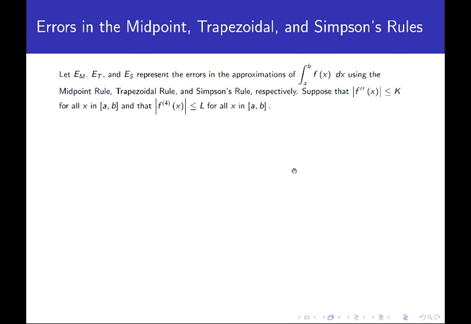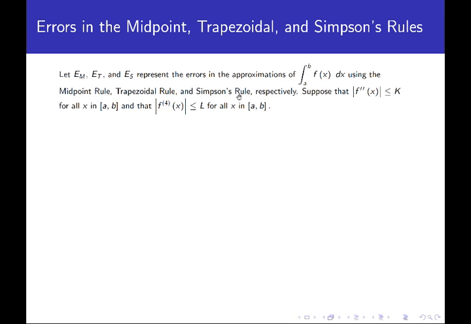But in any event, for both of those rules, we're using a straight line segment in order to approximate the function. Straight line segments have no curvature where the function might. So if we look at the errors in the midpoint and the trapezoidal rule, it makes sense that the error would depend on the second derivative, because the second derivative is a measure of concavity or a measure of how much the function is bent.